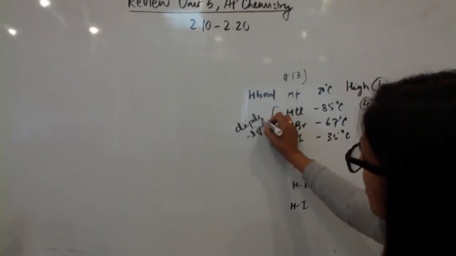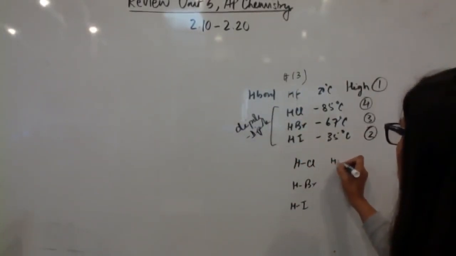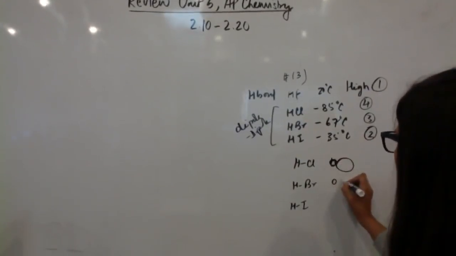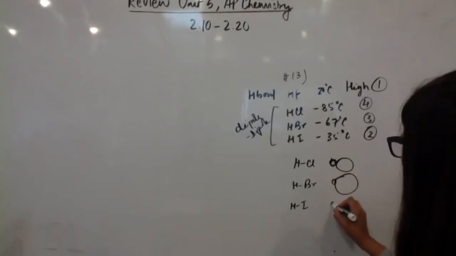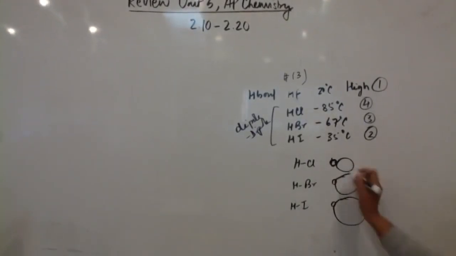Now you know they are all +1, -1, but you know that the radius of H to Cl, H to Br is still bigger, H to I is still bigger. So the distance is increasing.